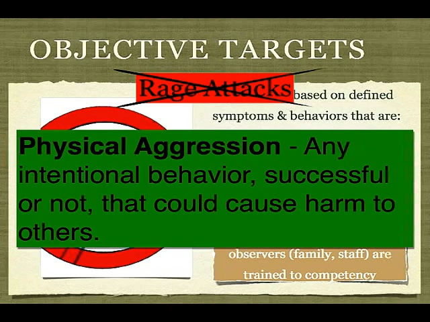And this one's more important than you might think. Successful or not. That means that we record it. If I come up and I try to hit you, and you duck, or you step back, we still record an incident of physical aggression. You don't get bonus points for lack of competency at your physical aggression, right?